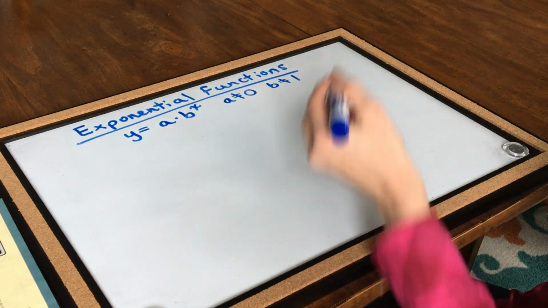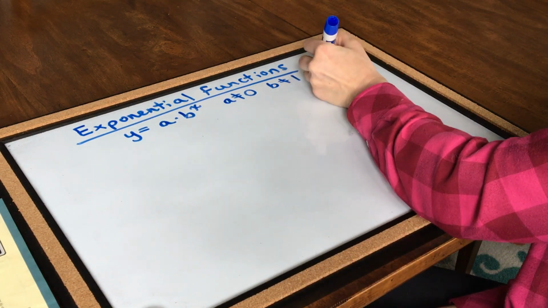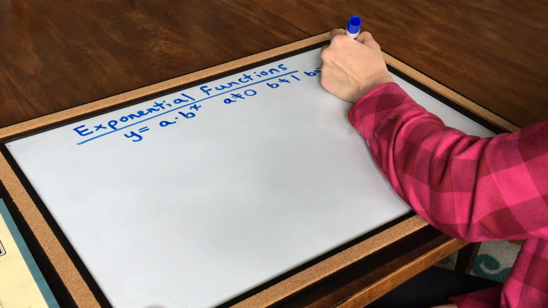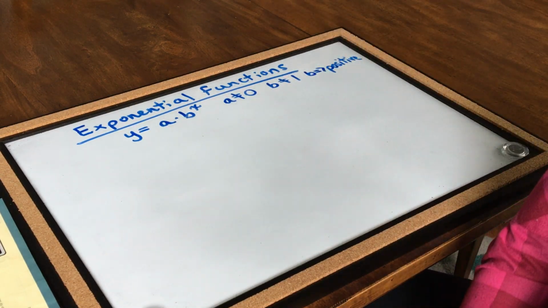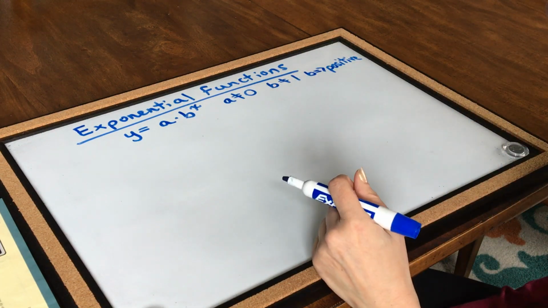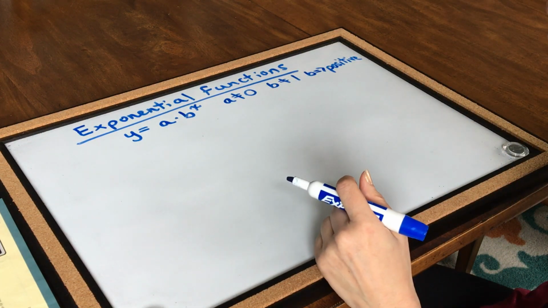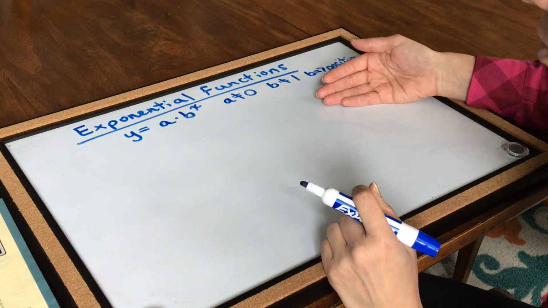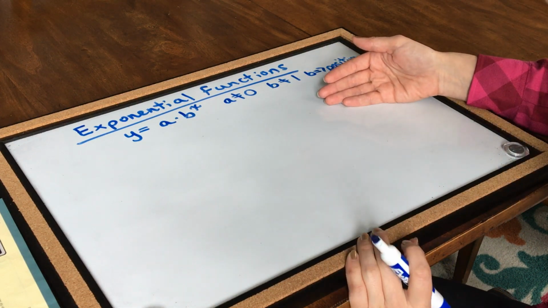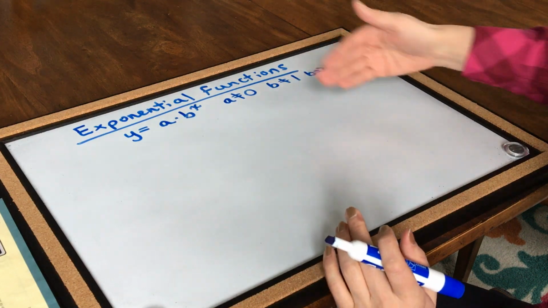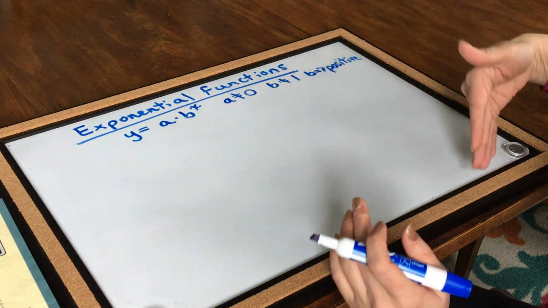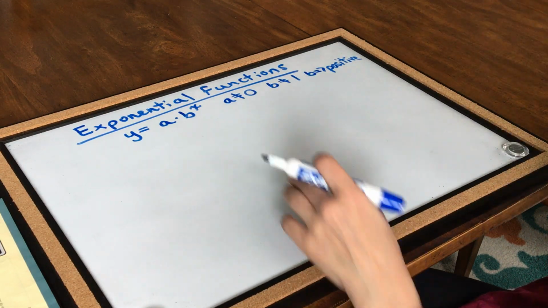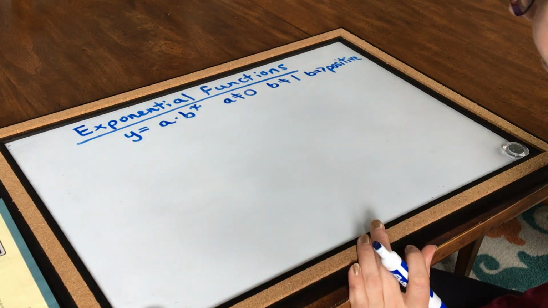Also, b must be positive, and this is because when you raise negatives to an even numbered power, your answer is positive, but when you raise them to an odd number, your number is negative. So we'd end up with kind of a goofy looking graph that would go back and forth. It wouldn't make any sense. So our b has to be positive.